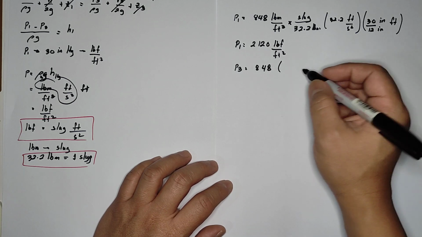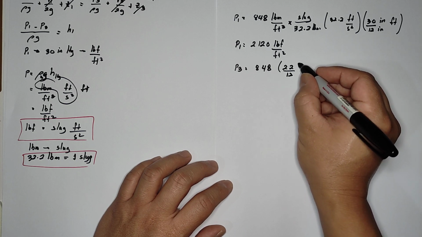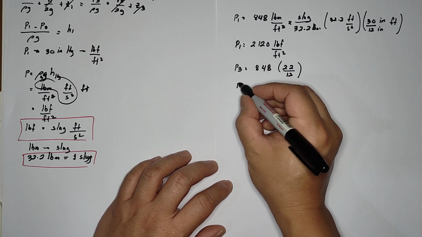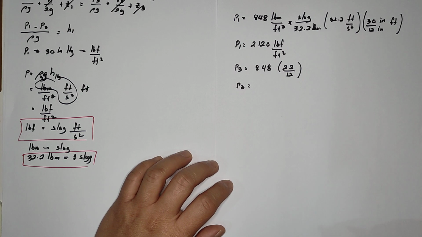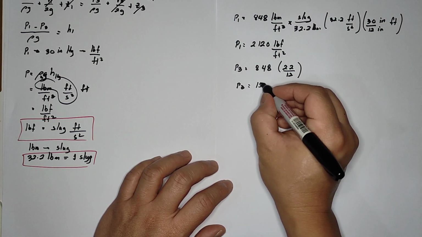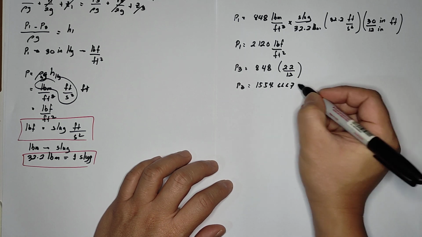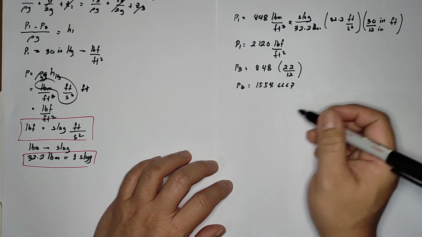P3 is 22 inches Hg divided by 12. Then P3 is equivalent to 1554.6667.